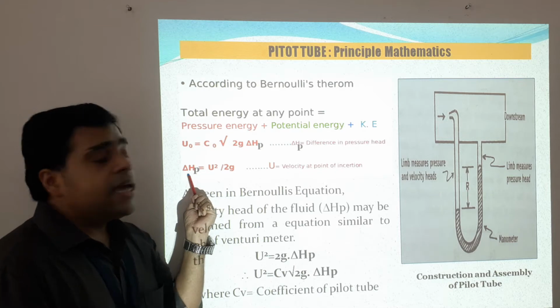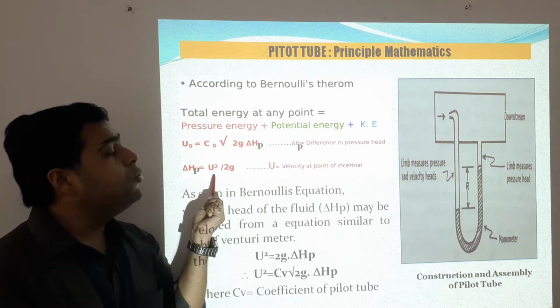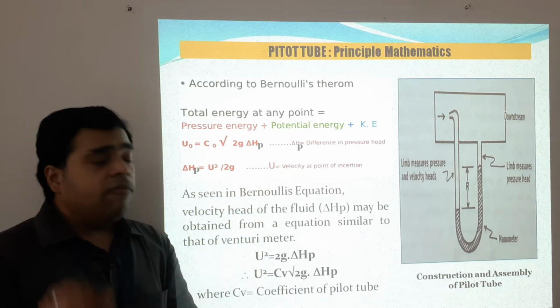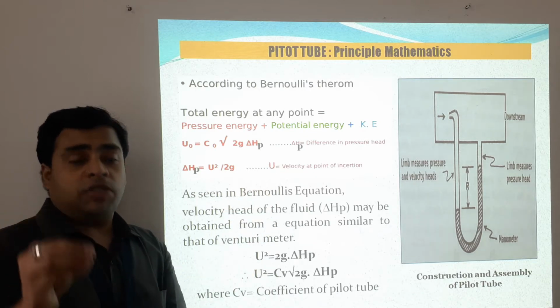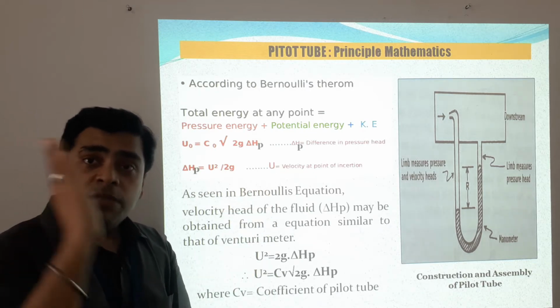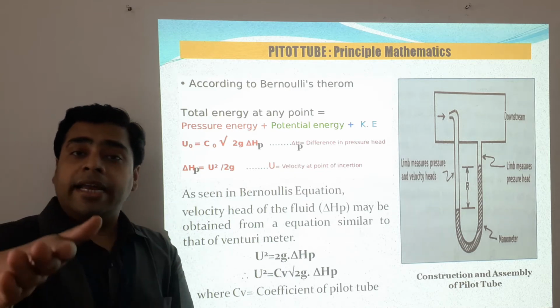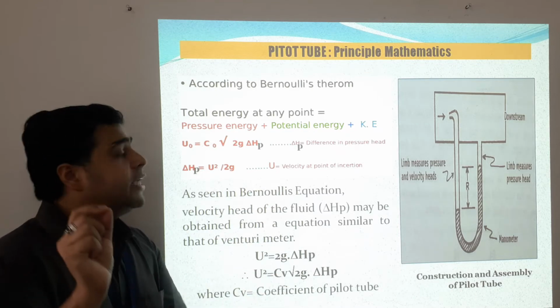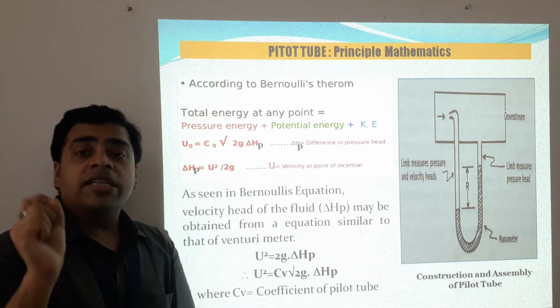So delta HP is equal to U squared divided by 2g, where U is the velocity at the point of insertion, where this Pitot tube is inserted in the streamline in the pipe, that is, the velocity at that particular point.